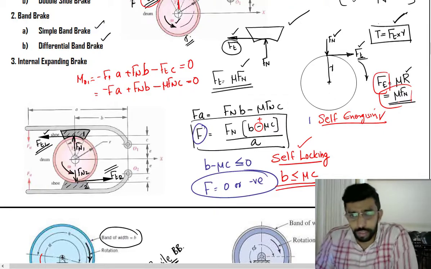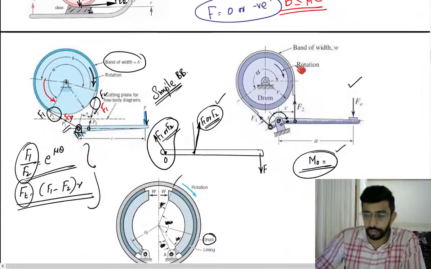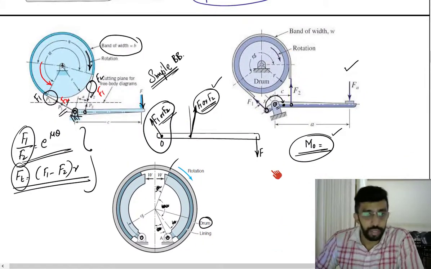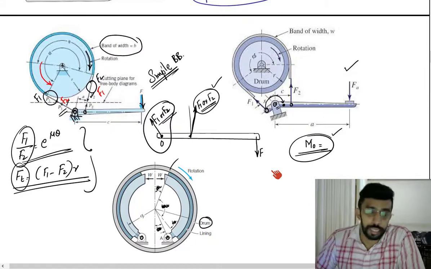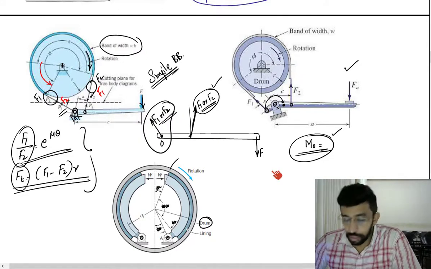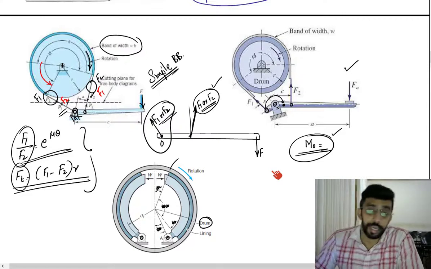So these two are the most important concepts you should keep in your mind: the self-locking condition and the self-energizing condition. The same thing is applicable here also. We can find out the conditions for self-locking. While explaining the design procedure, I will definitely talk about self-locking and the way in which we are going to calculate that.